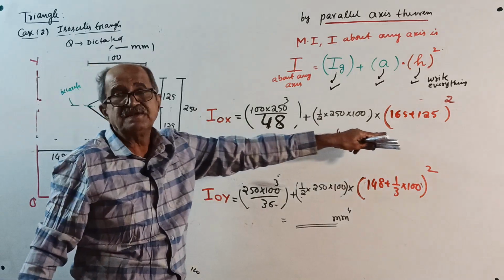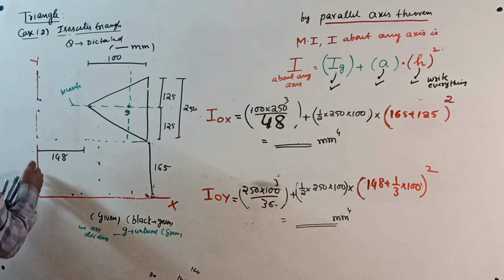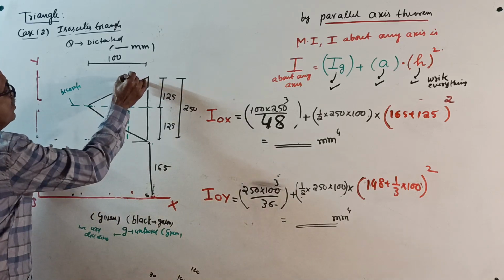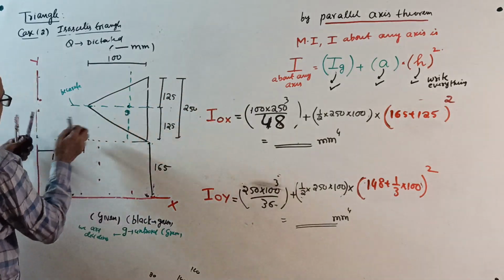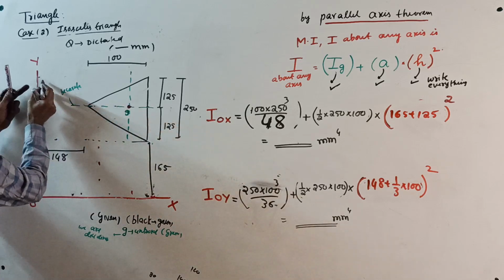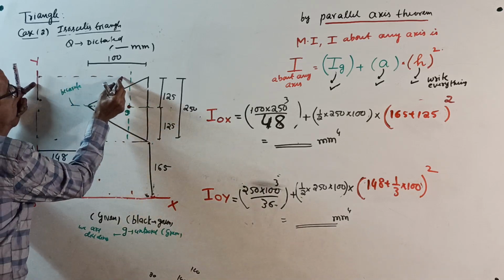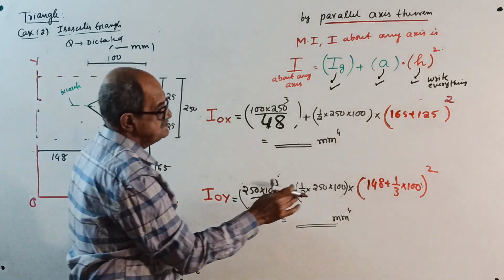Oh, same answer as last time. But when you do I about OY axis, first I about its own axis, 250 into 100 cube by 36 plus area into, see, now from the centroid to the axis, this distance square, that is 148 plus 2 by 3 of 100.